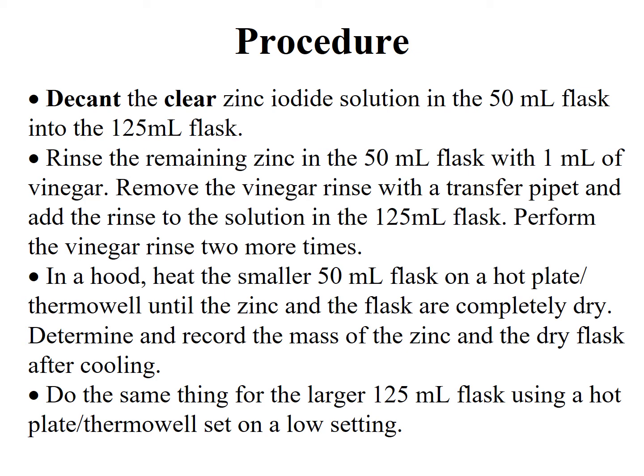And you don't want the zinc iodide to become dark yellow or orange, as this means that it has started to decompose because you heated it too much. Once you see that you already have the solid zinc iodide, you remove it from the hot bath, cool it for 5 minutes, and then determine the mass of the zinc iodide.